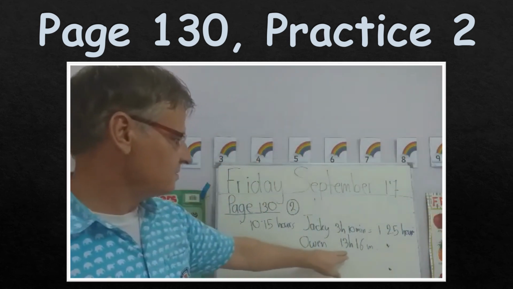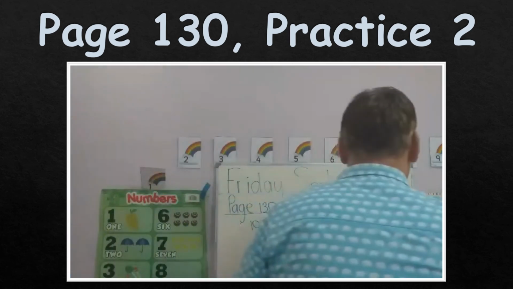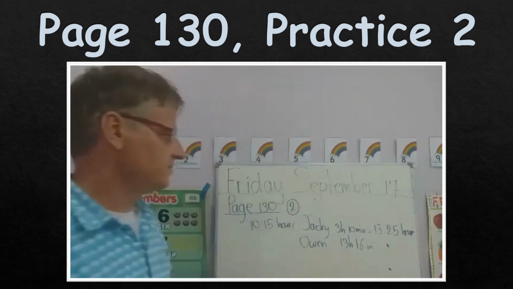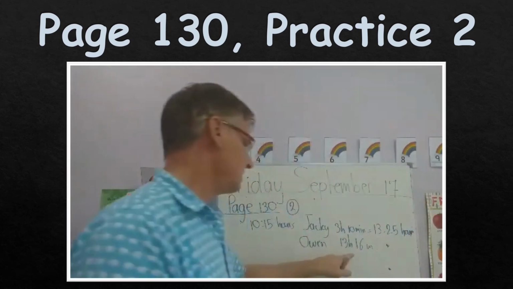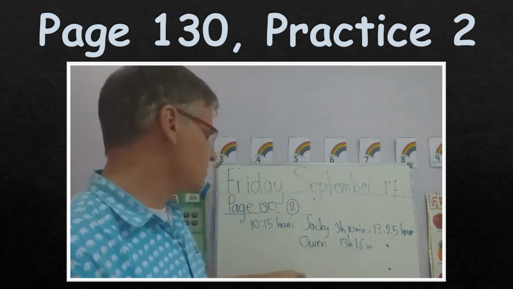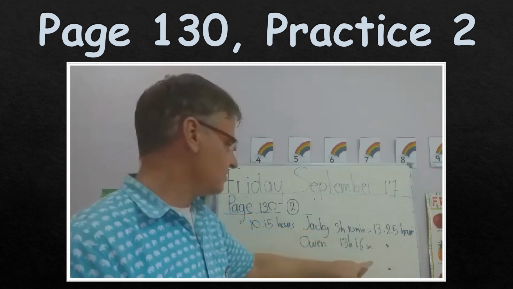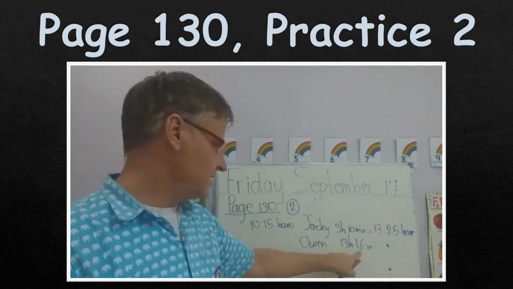Now Owen arrived at 13:16. So we use the 24-hour system. 13 hours and 16 minutes. So what is shorter? 13 hours and 25 minutes or 13 hours and 16 minutes? This one is shorter.